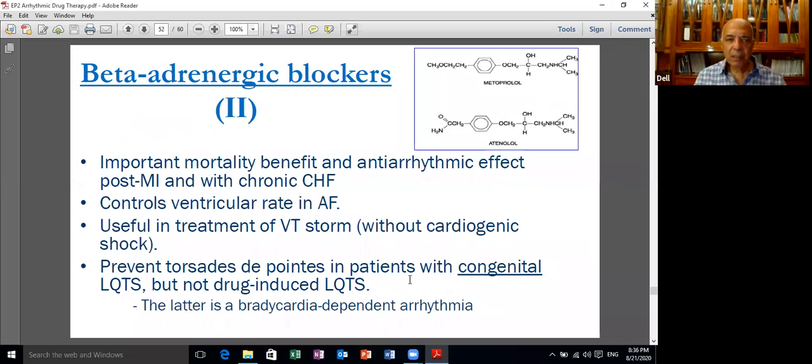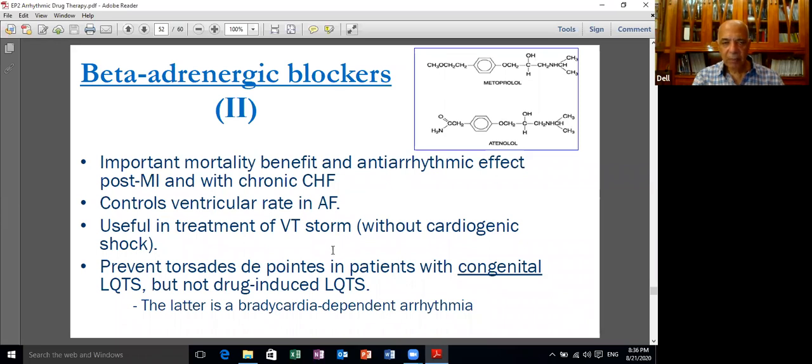Now, beta blockers are important in treatment of ischemic heart disease and congestive heart failure, particularly if it has an ischemic underlying etiology. It's very important in treatment of ventricular tachycardia storm, which is by definition 3 attacks of ventricular tachycardia within 24 hours, because this storm is usually sympathetically driven, and if you block the sympathetic nervous system, you can overcome it.